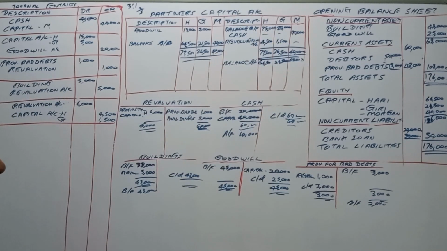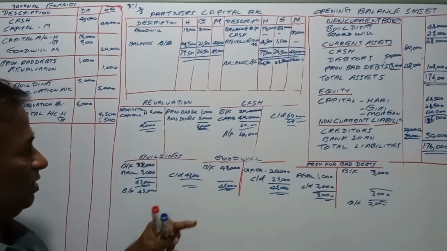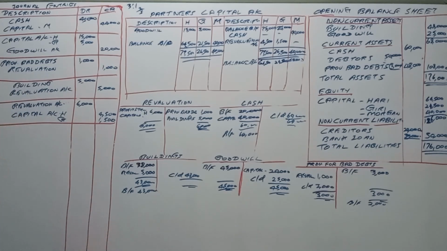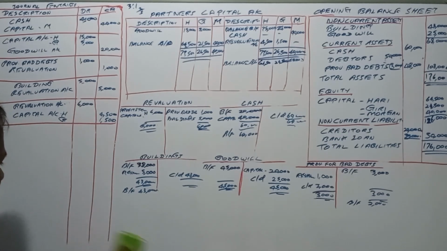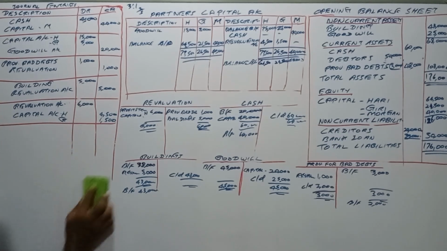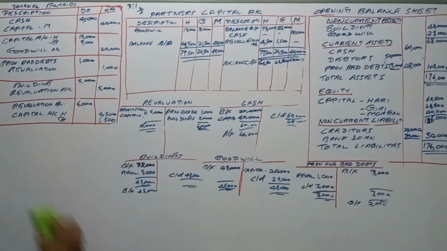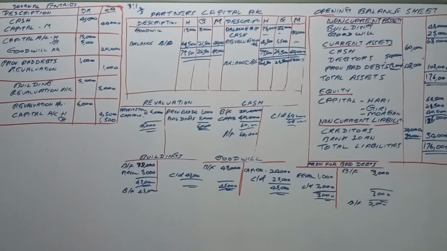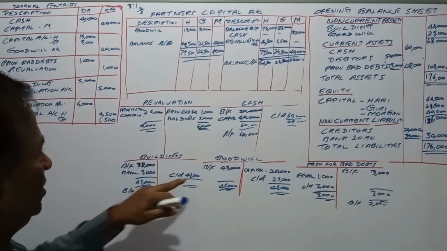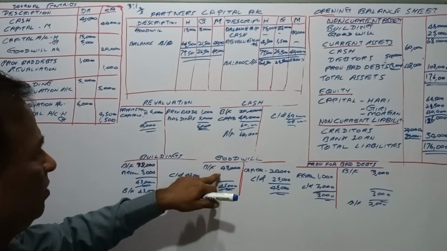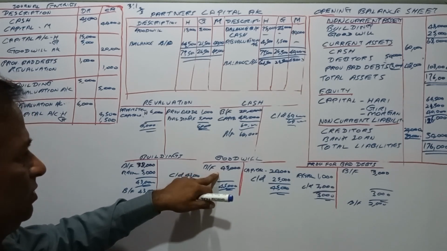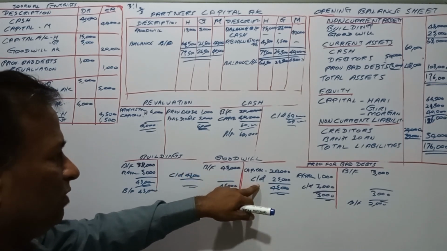So here we have made an adjustment for the decrease in the goodwill. That is just the opposite. Decrease in the goodwill, in the sense the goodwill account will be 45,000, again 25,000.